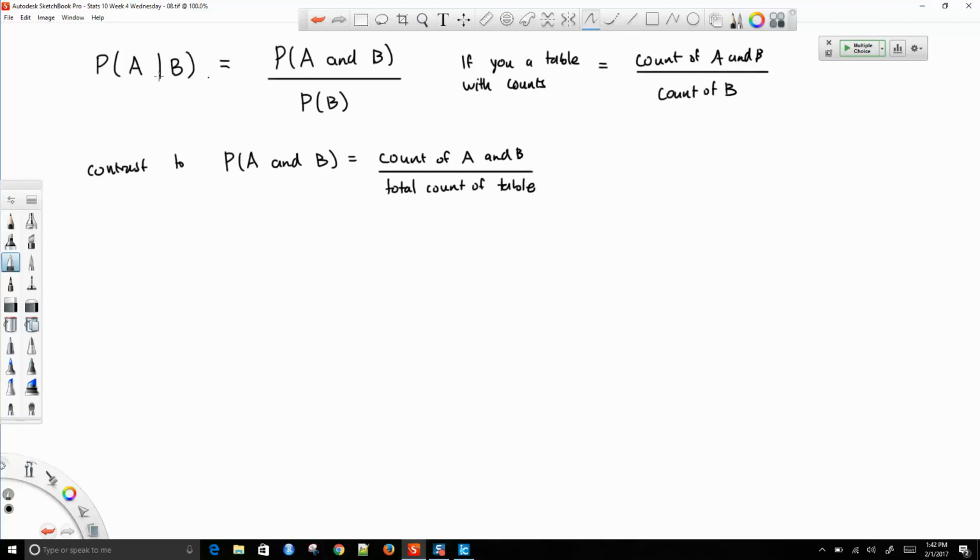And if you look at the difference between the probability of cat given dog, you'll see that it's this, and that is different from the probability of cat and dog.